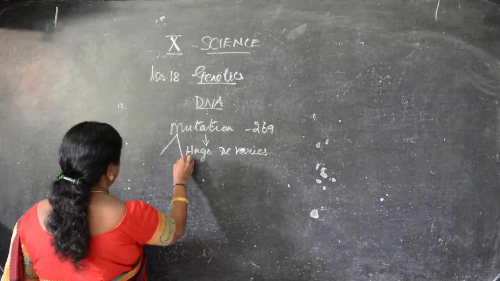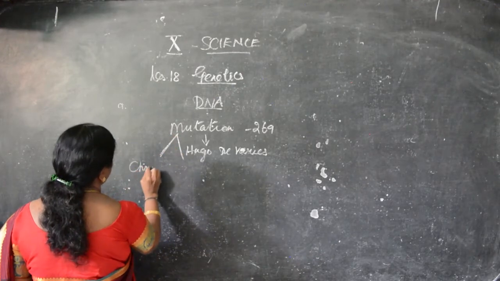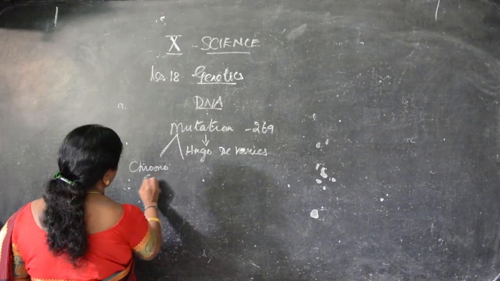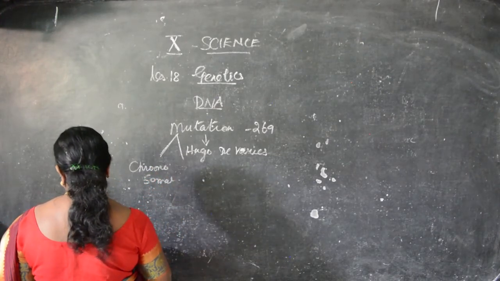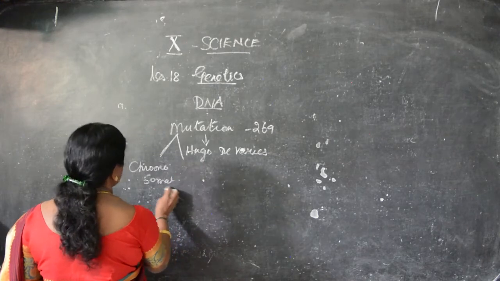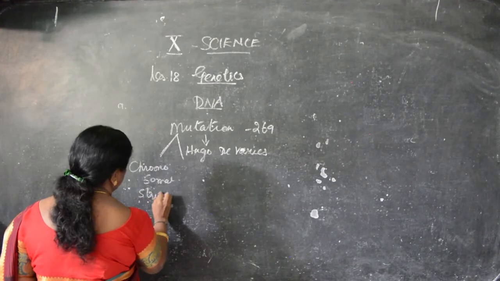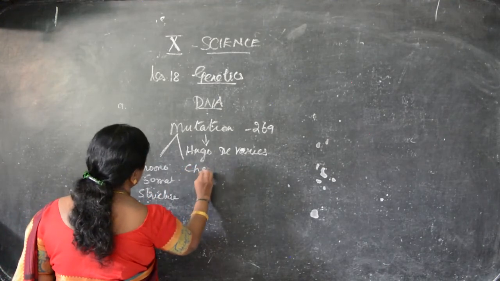One is chromosomal structure mutation. The other one is chromosomal number mutation.